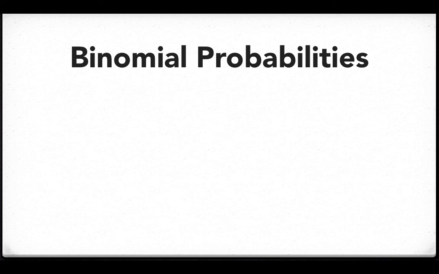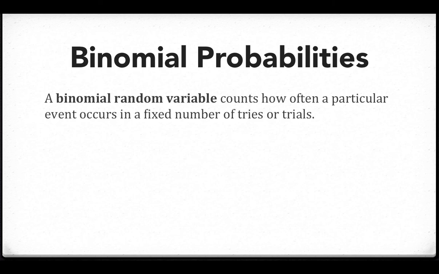Most of this week you'll be focusing on the normal distribution, but in section P.4 and in the last section of the online notes, you'll be introduced to binomial probabilities. A binomial random variable counts how often a particular event occurs in a fixed number of tries or trials. In order to be classified as a binomial random variable, the following 3 conditions must be met.